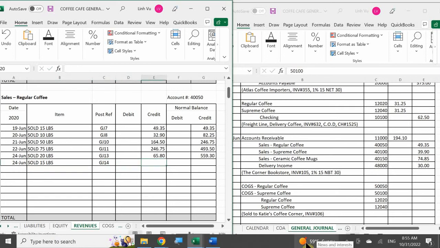How much was selling 15 pounds? 49.35. Okay, 49.35.